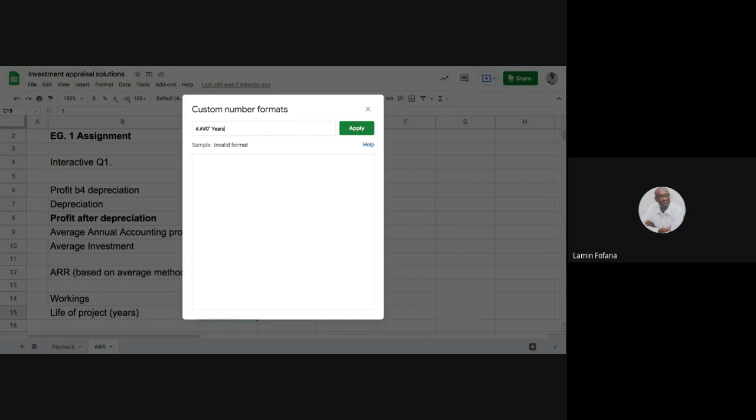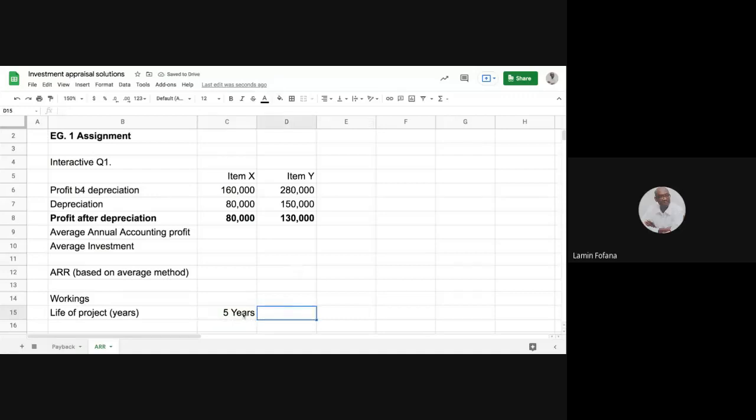I'm going to type years, that's what I want. Then you close the double inverted comma. And then look at the sample. If you see this sample working here, that means you are correct. Then I click on apply. Excellent. Now look at it. It has given me 5 years.